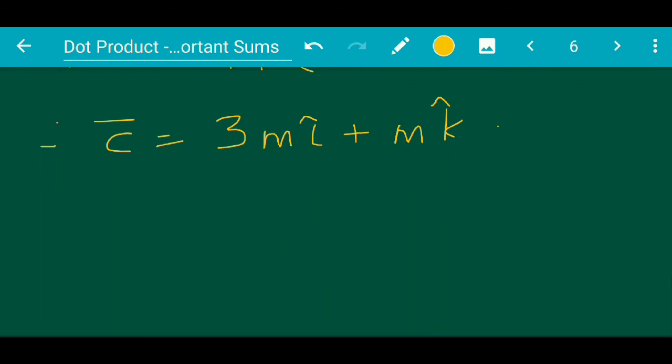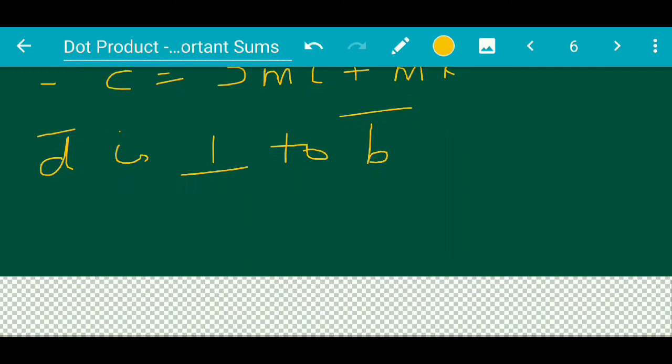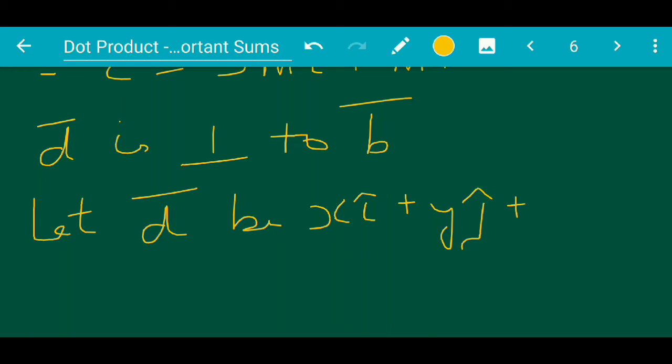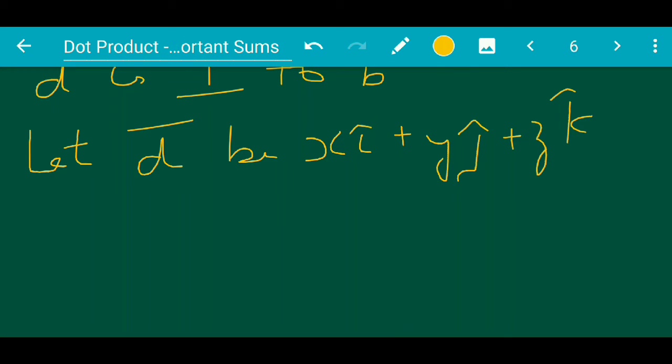Now, also it is given that d bar is perpendicular to b. So let d be some vector, say xi plus yj plus zk. Since d is perpendicular to b, their dot product is 0.